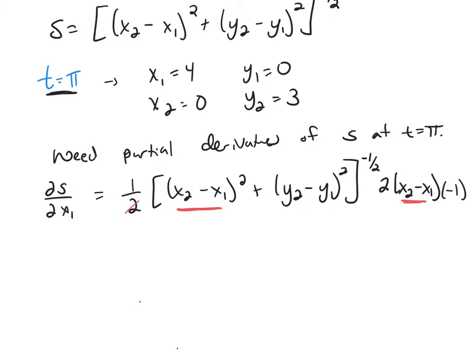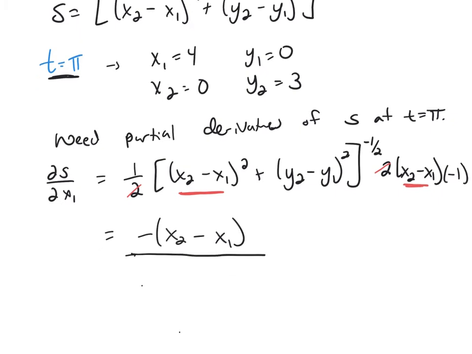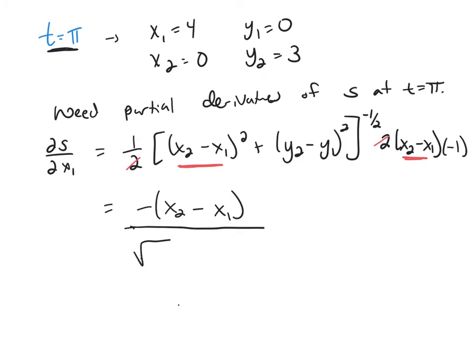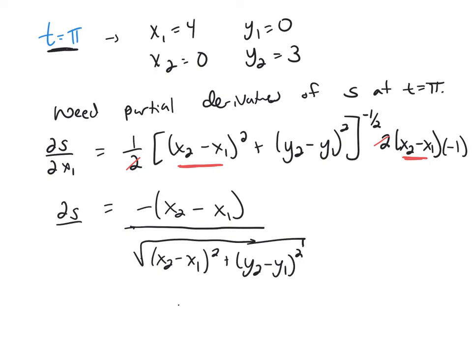If we simplify this, I get negative (x2 minus x1) all over the square root of (x2 minus x1) squared plus (y2 minus y1) squared. So that's the partial derivative of s with respect to x1.